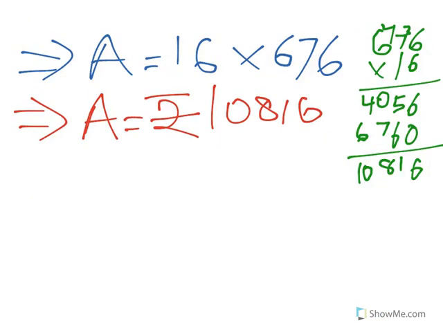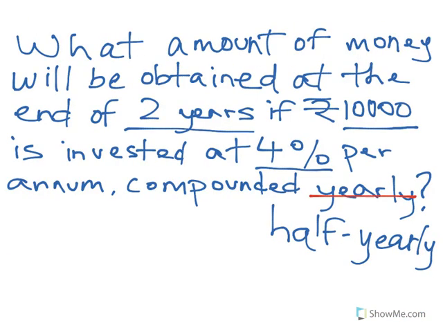Okay, so let's do one last variation of the first problem. So we did yearly, we did half yearly. Now, what happens if they ask, instead of amount, what interest will be obtained?